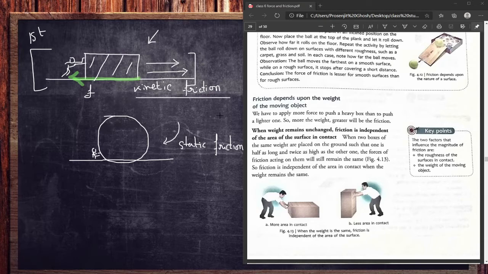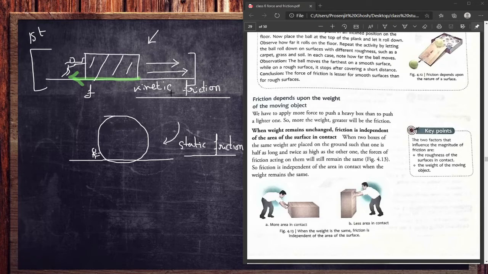If someone asks how you can differentiate these two, you can say that when the body is moving forward but having some friction, that is known as kinetic friction. Please write it down.